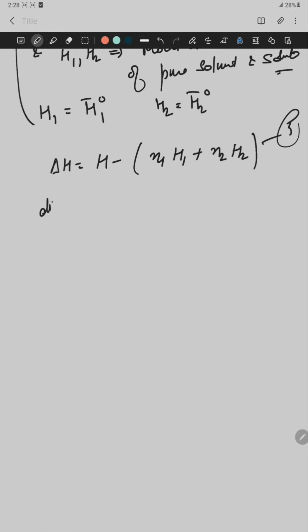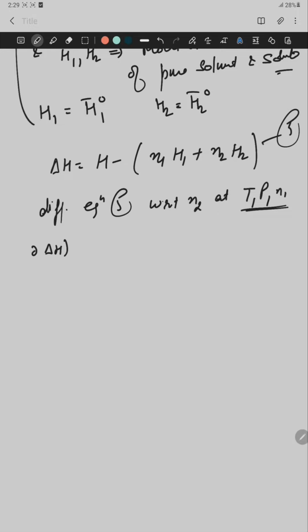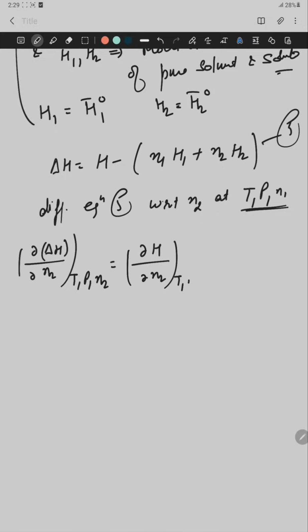Now differentiate this equation with respect to N2 at constant temperature, pressure and N1. These all are taken as constant. So when you differentiate this with respect to N2, on the right side first is curly H by curly N2 at constant N1.